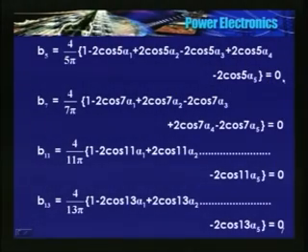So this has to be eliminated, and I will equate it to 0. What is the next harmonic? It is the 7th harmonic. See here, I will write the same equation. I will substitute 7 for n, 4 by 7 pi, and wherever there is 5 I will write 7.